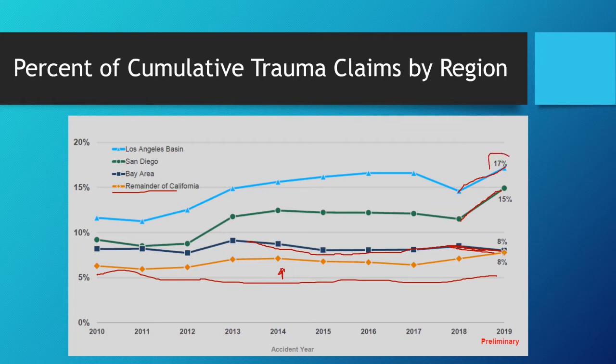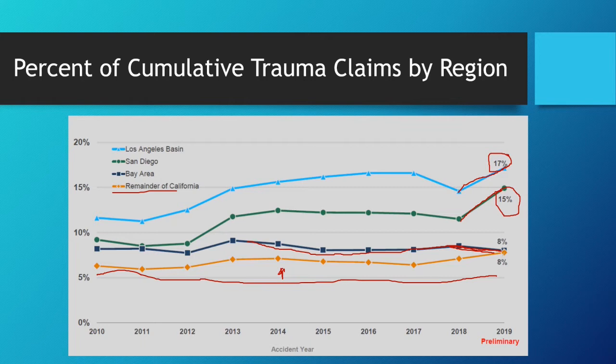Take note that that increase involves thousands and thousands and thousands of additional cumulative trauma injury claims being filed in these 6 counties in the entire state of California. So you might ask yourself, what is unique about these 6 counties in the state of California?